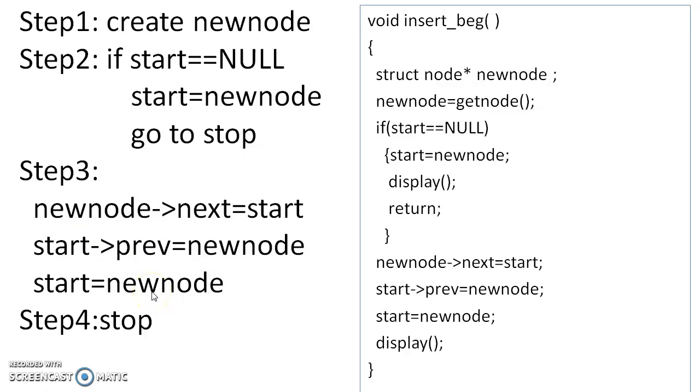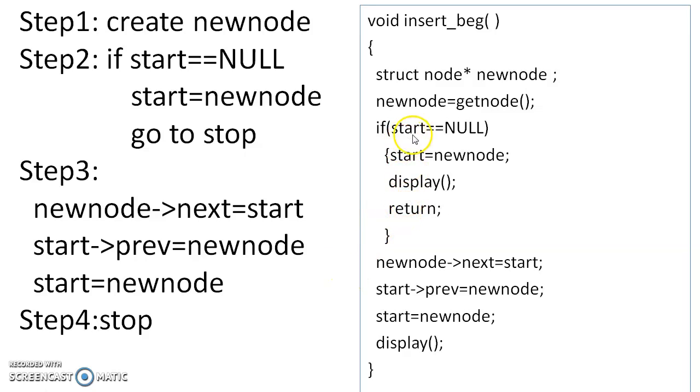So if you see the function equivalent to this particular algorithm, initially we are creating the new node by using the getNode function. Whenever the start is equivalent to null, that is there was no double linked list at all up to now, our new node will become the start. And for the sake of knowing the output, I am using the display function here and I am coming out of the function.